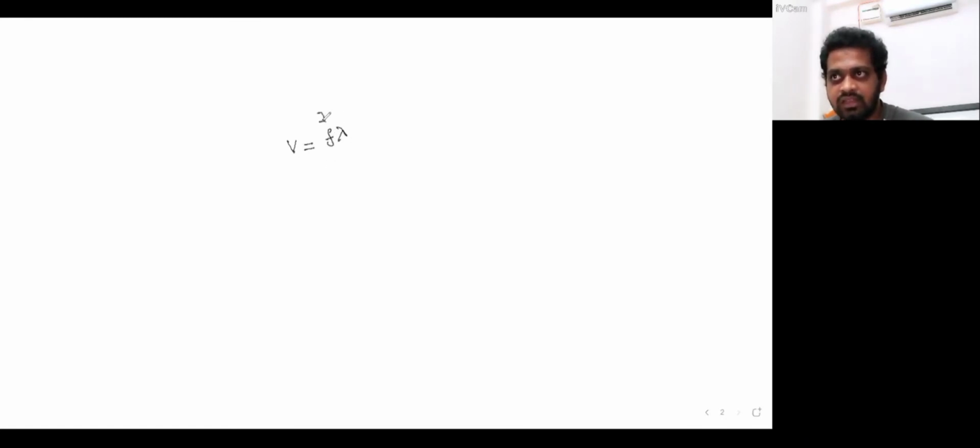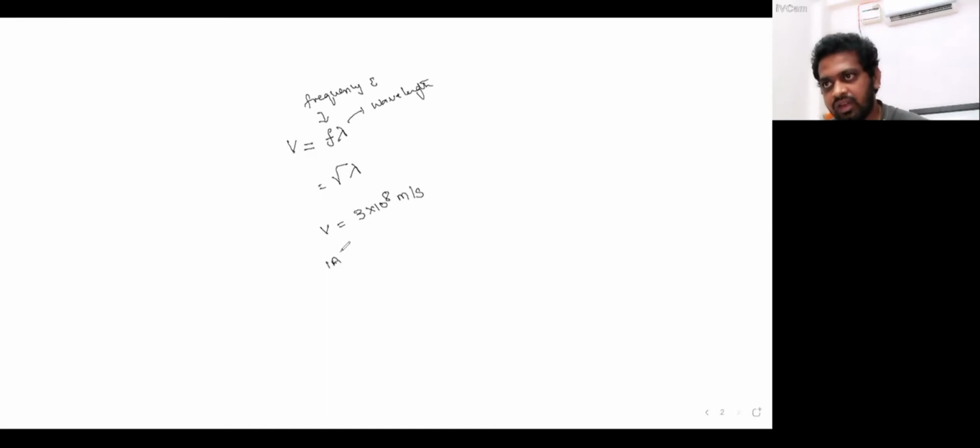Here I considered f as the frequency and lambda as the wavelength. In our textbook, frequency is denoted by nu. The velocity of the electromagnetic wave is 3 into 10 to the power of 8 meters per second, and 1 angstrom unit is equal to 10 to the power of minus 10 meters. You should remember all these things to solve the problem.